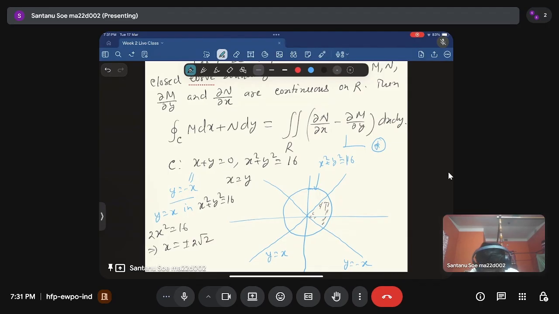Let us call this C1, this C2, and this C3, and this region is R.